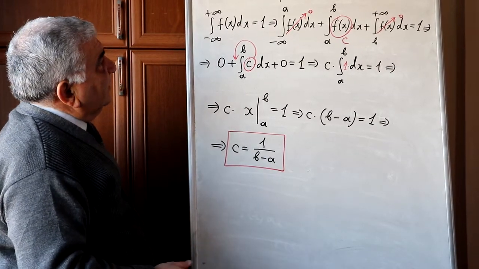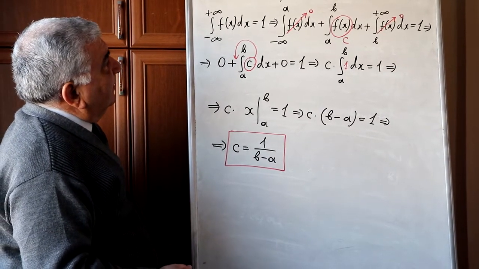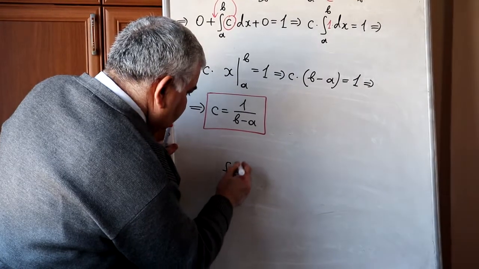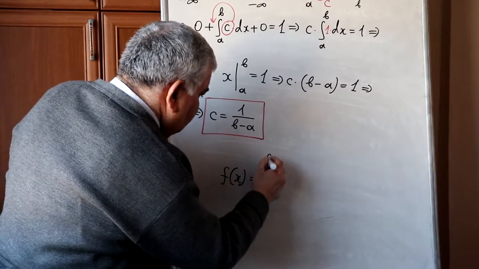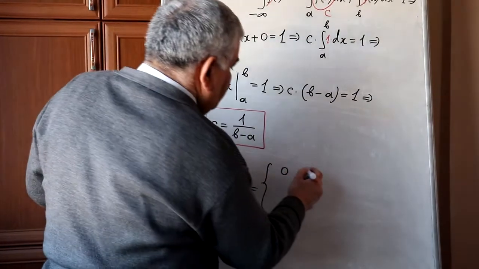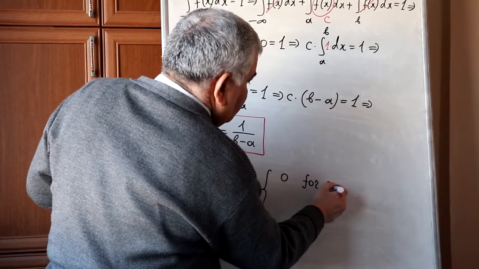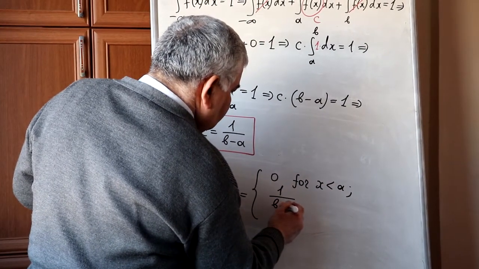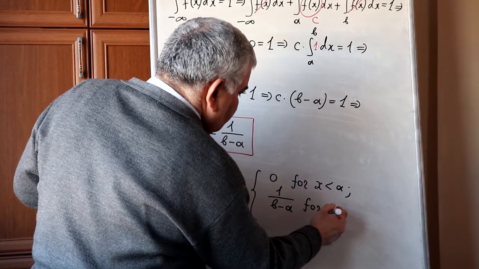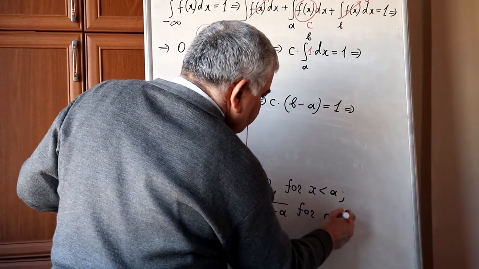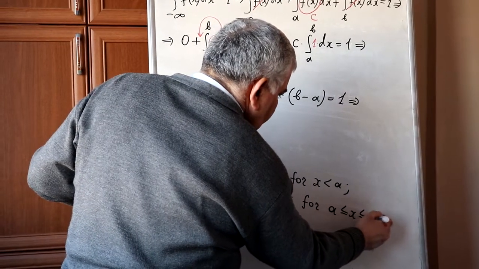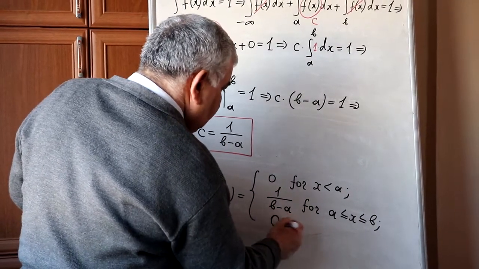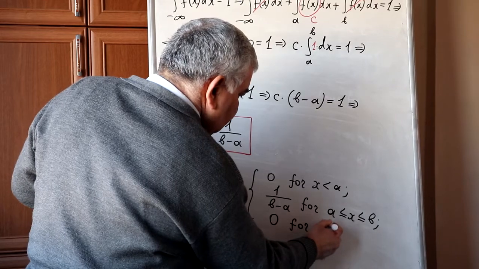And therefore we can rewrite the uniform density: f of x equals 0 for x less than a, equals 1 over b minus a for x between a and b, and again 0 for x greater than b.